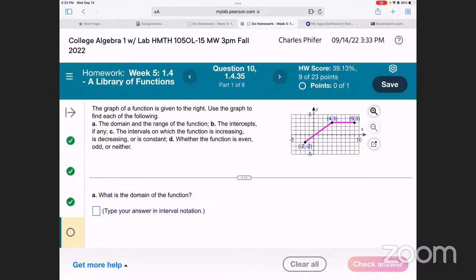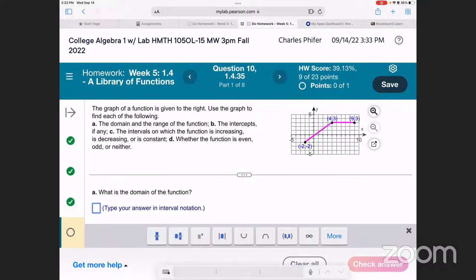So it says the graph of a function is given to the right. Use the graph to find each of the following: the domain and range. Let's start there. So the domain is going to be the very left to the very right. The very left is when x is -2. The very right is when x is 9. And since we're doing domain in this context, we can use a square bracket.